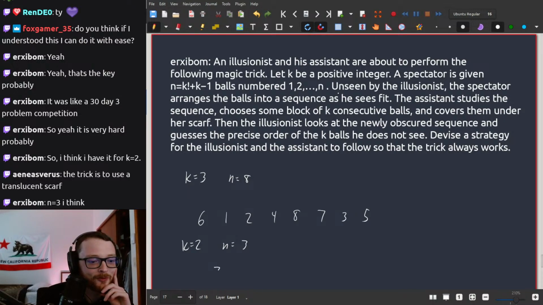So let's say 3, 1, 2. We'd be covering up 2 balls. So there's only 2 choices here. How would you communicate the order?